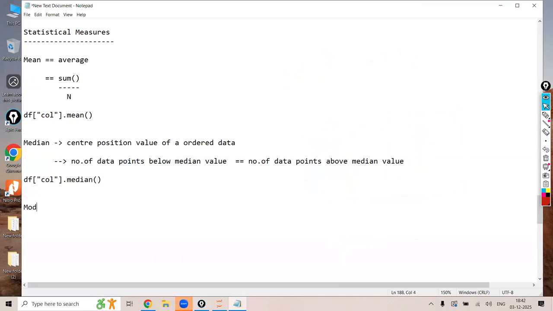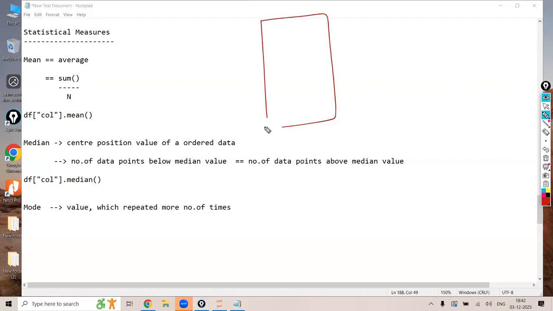Next one is called mode. Mode means the most repeated value. Which one is repeated more number of times? The value which is repeated more number of times is called the mode.